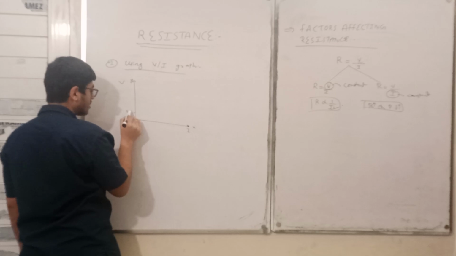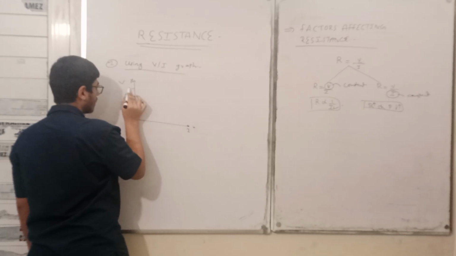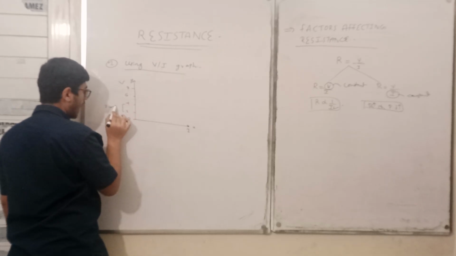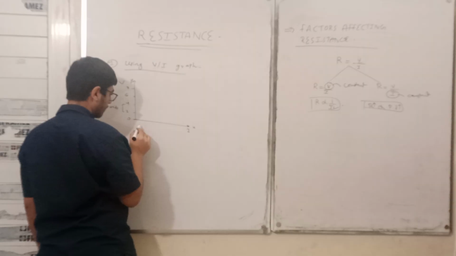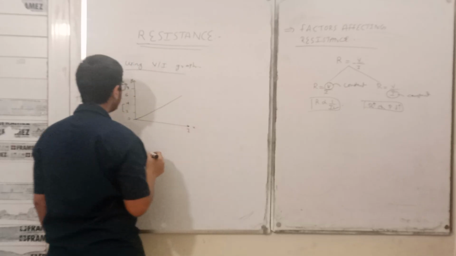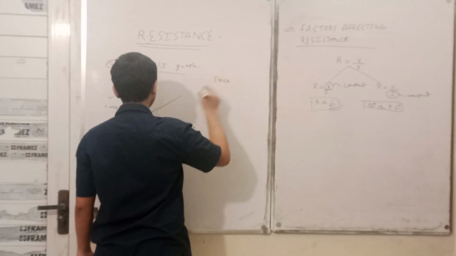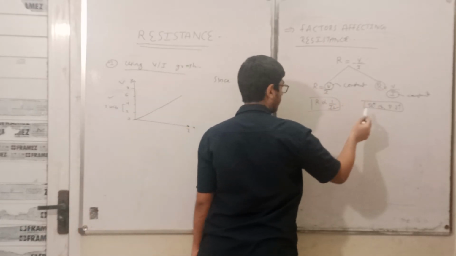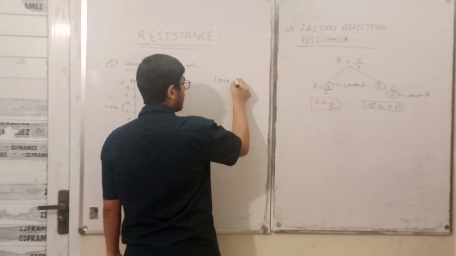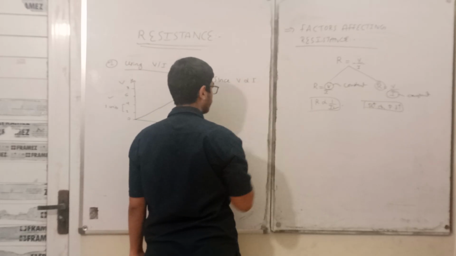Suppose I keep the change in potential difference constant, that is of 2 units every time, as you can see here, and plot a graph. Since this is a straight line graph passing through origin, if we keep resistance constant, although we have not studied in an official manner, potential difference is directly proportional to current.